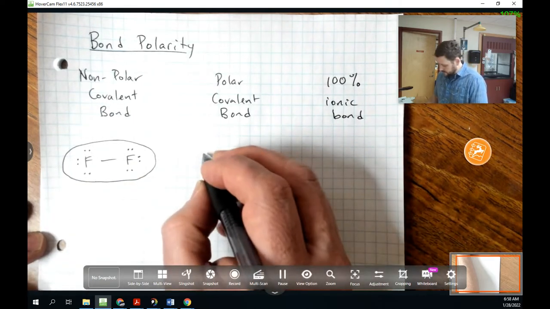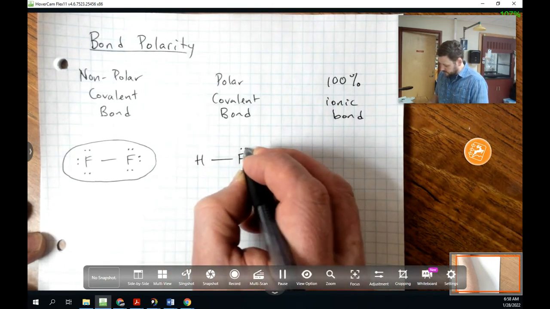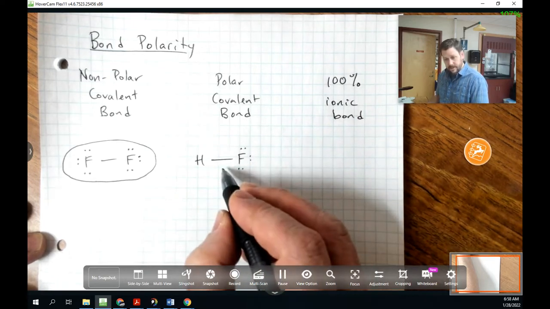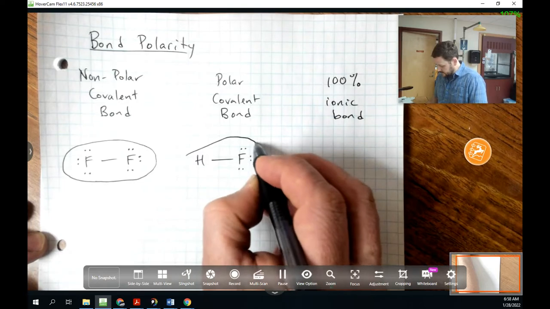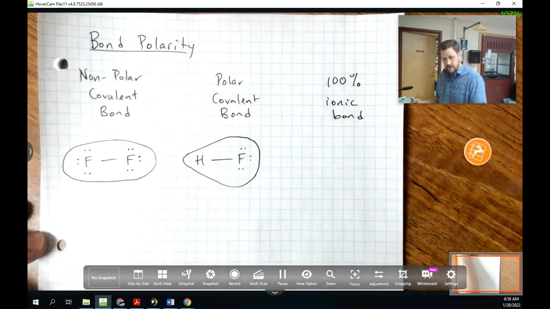But over here, to represent a polar covalent bond, I'm going to give the extreme example of hydrofluoric acid, where hydrogen, of course, only has one electron that it brings to the party, and it's busy in that bond over on the right. And so all of the electron density is concentrated over towards fluorine.